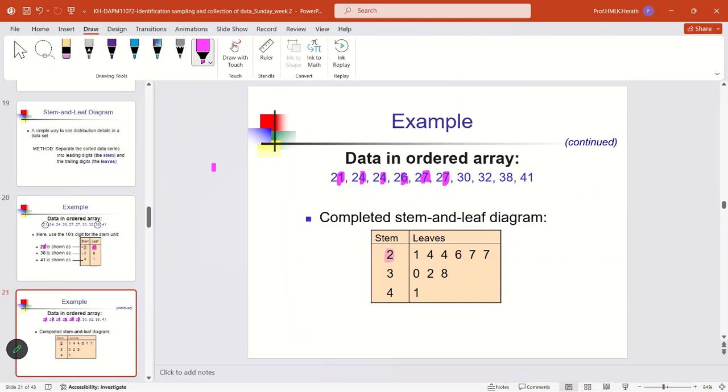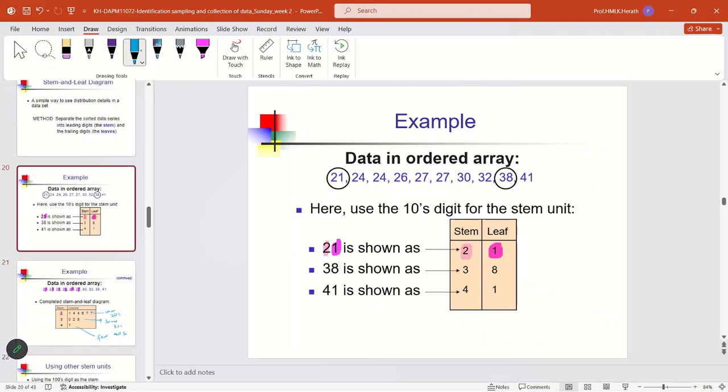And it says that we have more 20s, some 30s and few 40s. Okay, I hope it makes sense. So this talks about the distribution of the data.